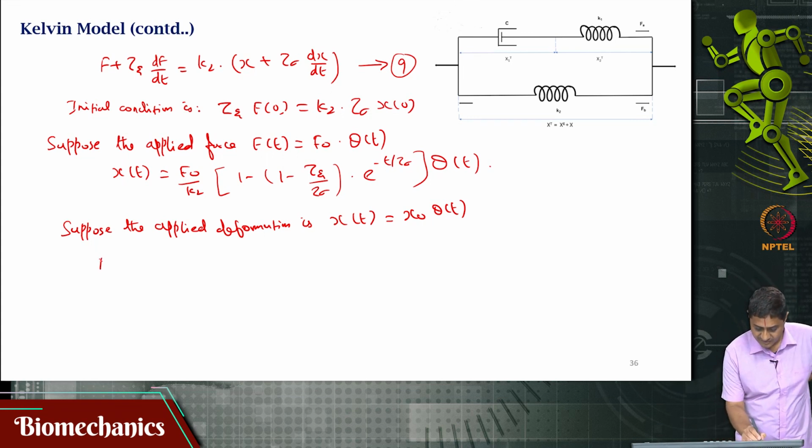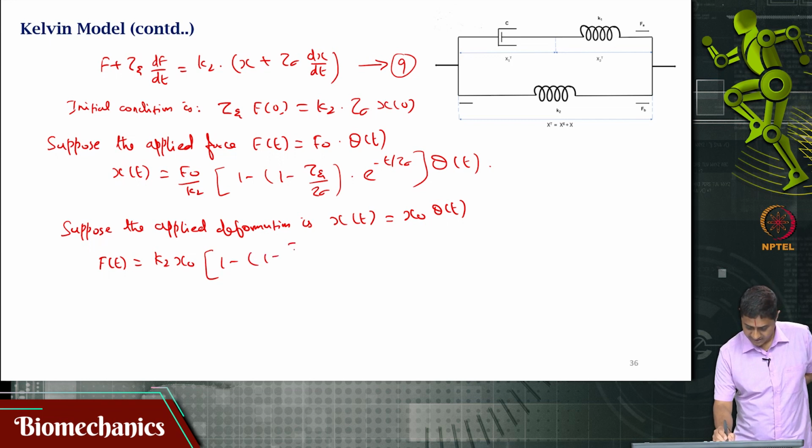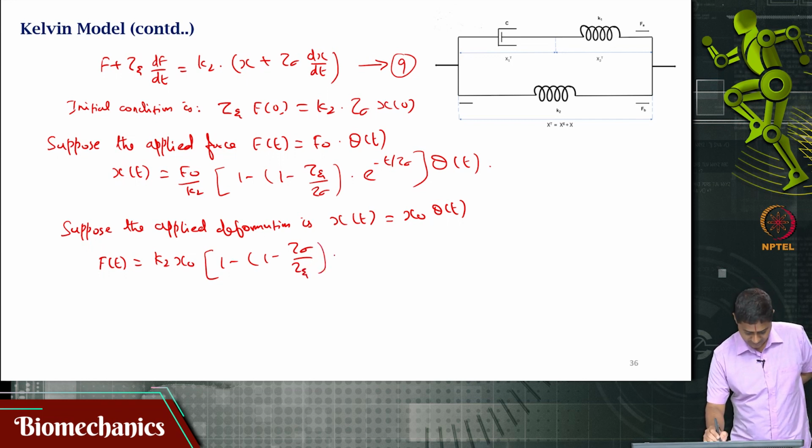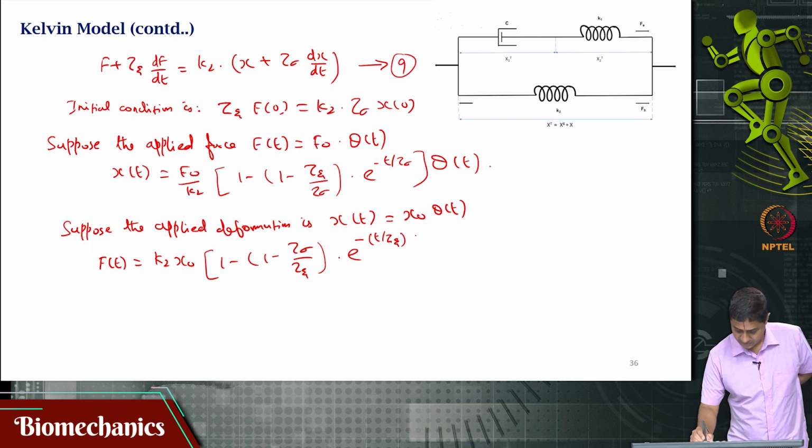That would be f of t is k2 x naught times 1 minus tau sigma by tau epsilon, the whole thing multiplied by e power minus t by tau epsilon, and this whole thing is multiplied by theta of t.